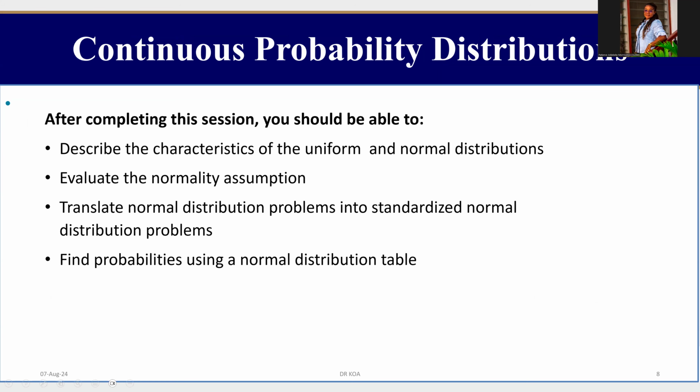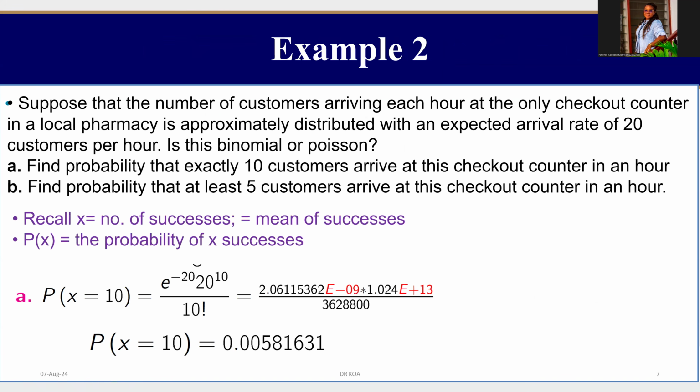I'm looking at question A. Would there be a situation where you are asked to find that the probability is exactly 10 customers when it's a Poisson situation?